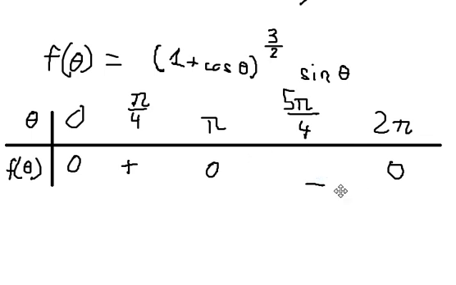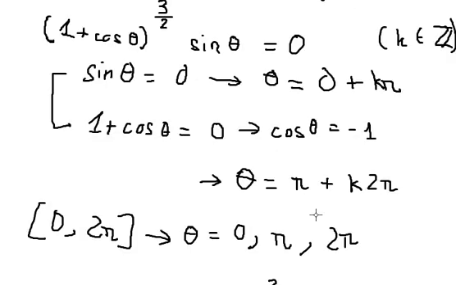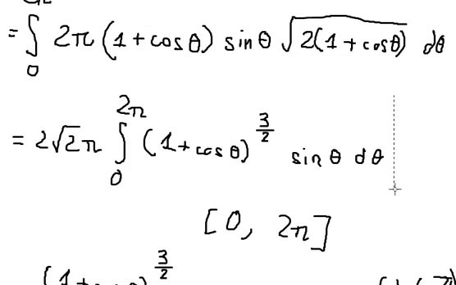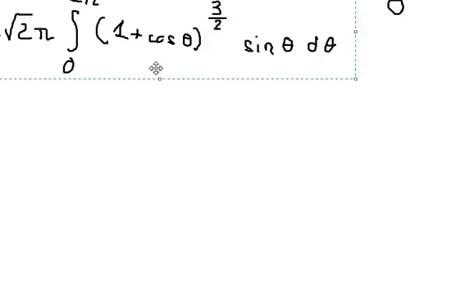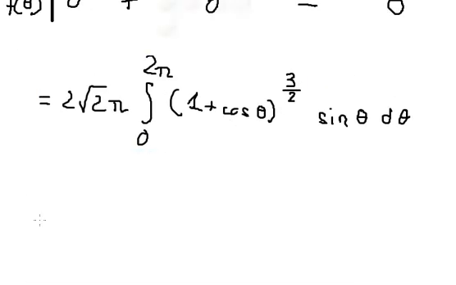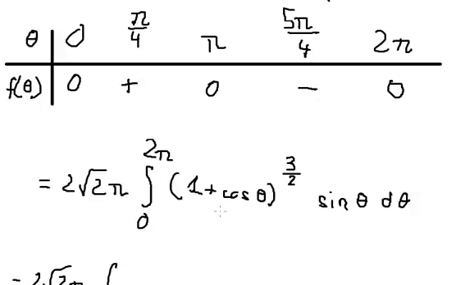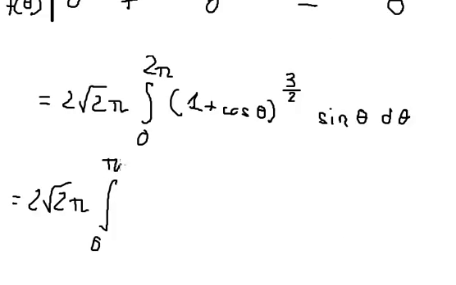That means in this situation, this one will be put like this. From 0 to π, that is positive, so we keep the same.